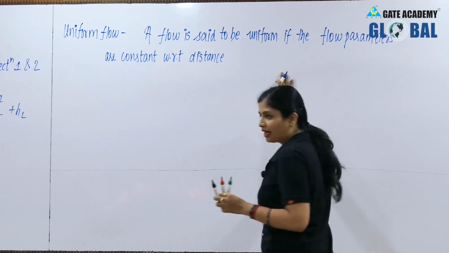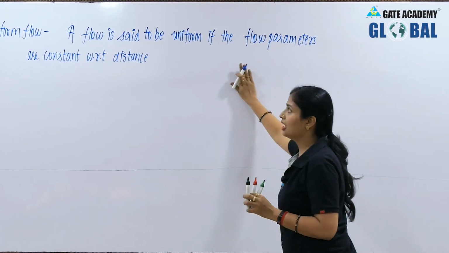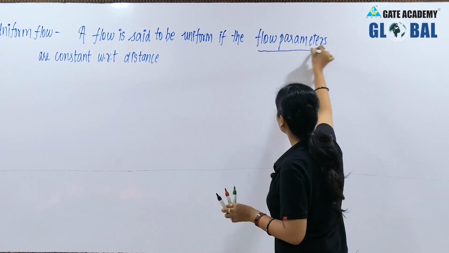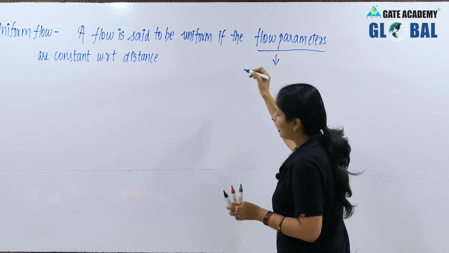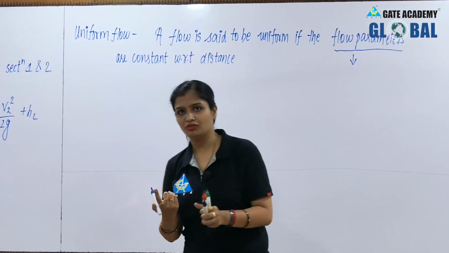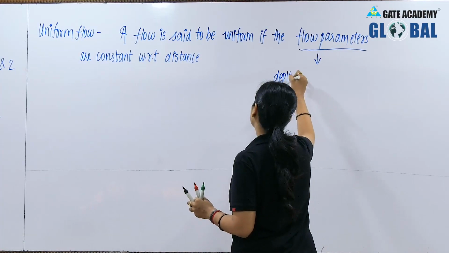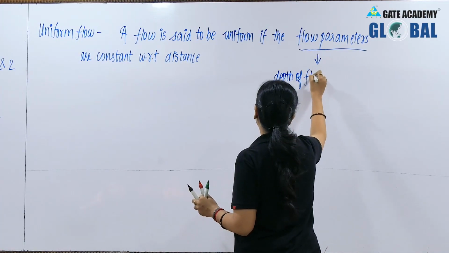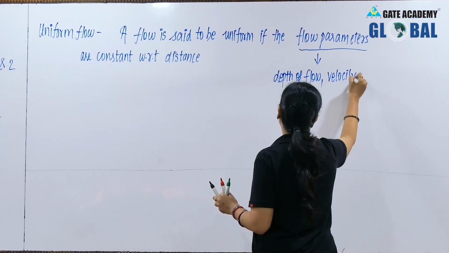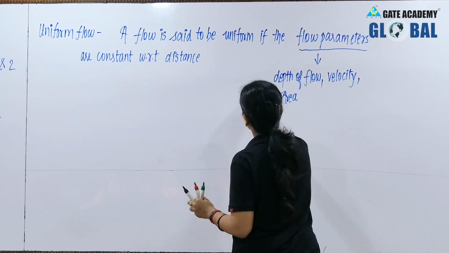Now, what are these flow parameters? Like I told you, they are discharge, depth of flow, velocity and cross-sectional area.